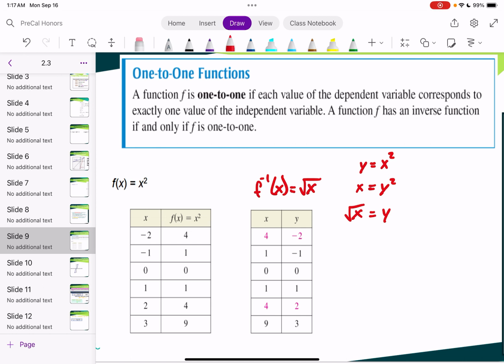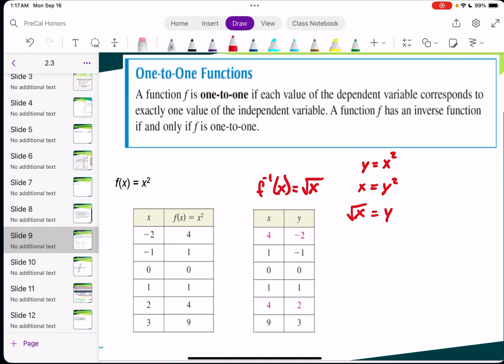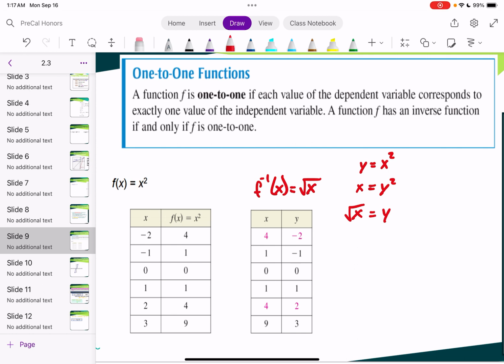Keep in mind, when we're doing the square root of a number, for example, if we were to plug in 4, the square root of 4 would give us a positive or a negative 2. That is something to keep in mind. So, as we see 4 here, 4 would be negative 2. 4 would also be positive 2.